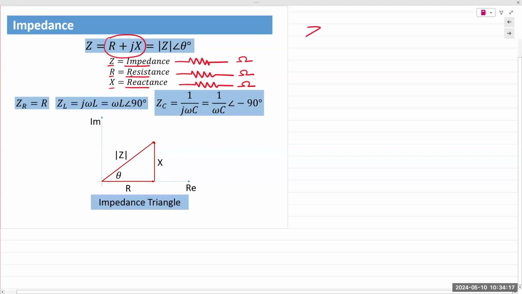So there is no such thing as ZR, no impedance of a resistor, because the resistor behaves for AC exactly the same way it behaves for DC. It obtains energy. Electrical energy is converted to thermal energy and dissipated as heat. Resistors get hot. So this would be R plus J0, simply R. So ZR is just R.